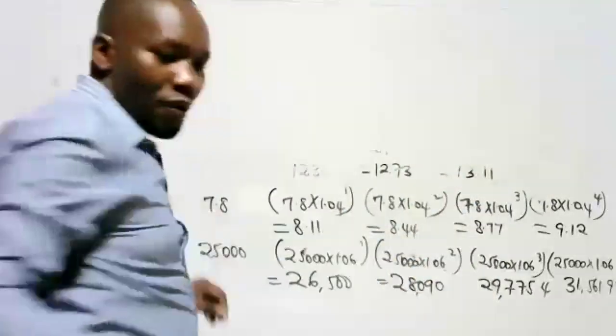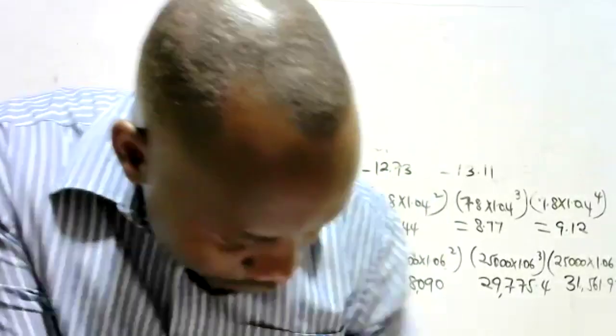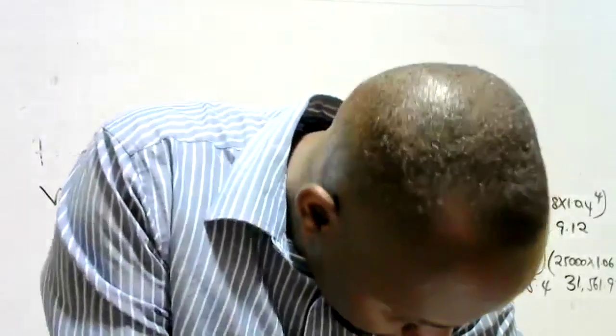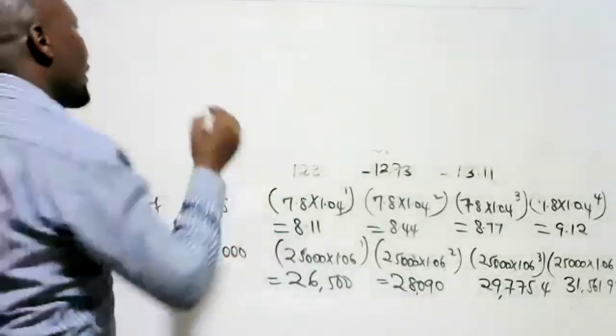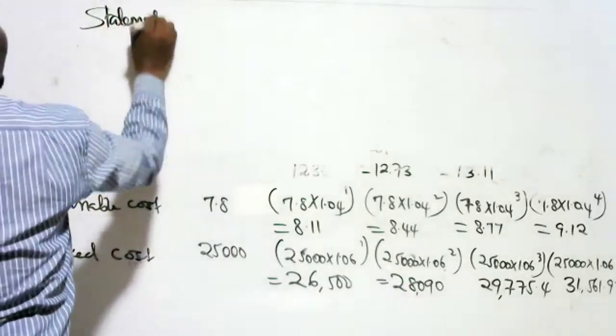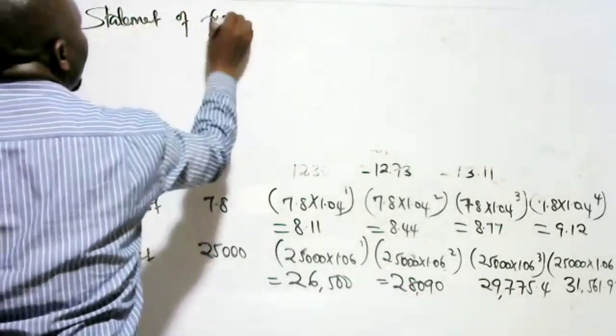But before that, we need to know that the discount rate was also given. Let me start with the statement of free cash flow.